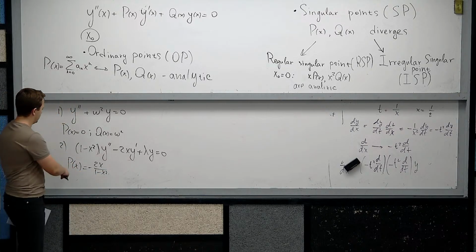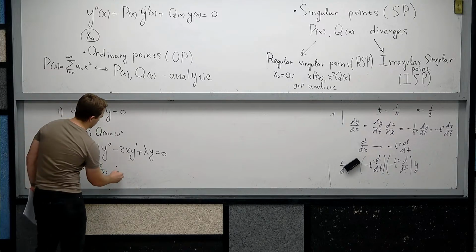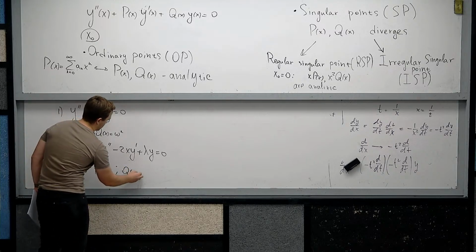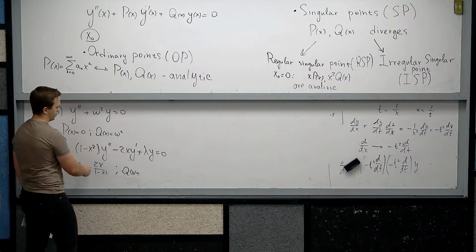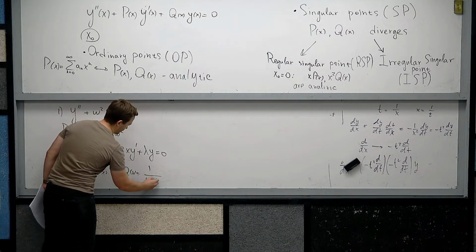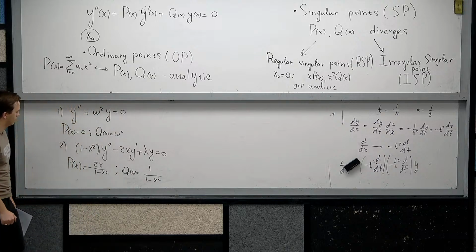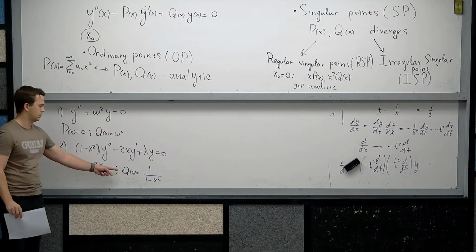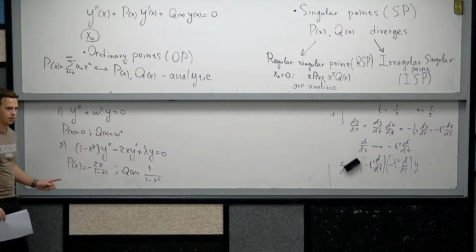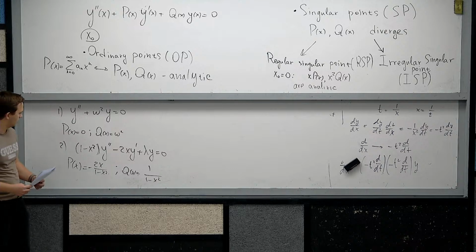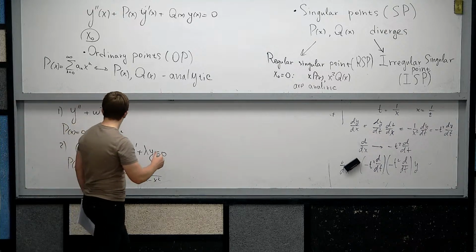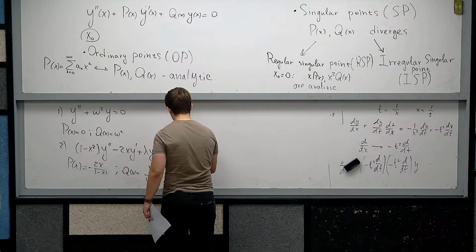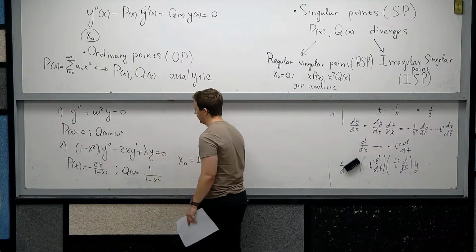Okay, this is p of x, and q of x is just 1 over this. At what points do these two functions become a problem? At 1. Minus 1. So in this case, x naught is plus or minus 1.